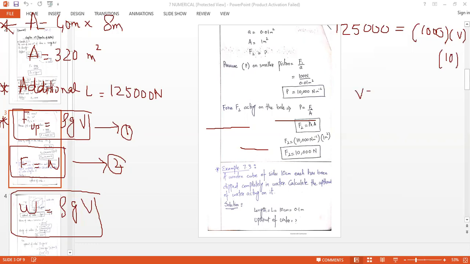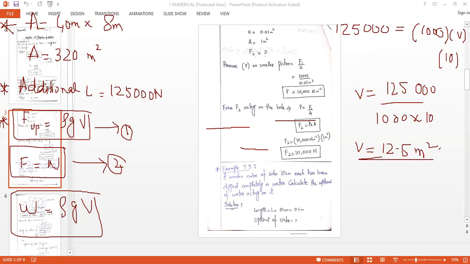So V equals 125,000 divided by 1,000 multiplied by 10. So the value of V is 12.5 meter cube.